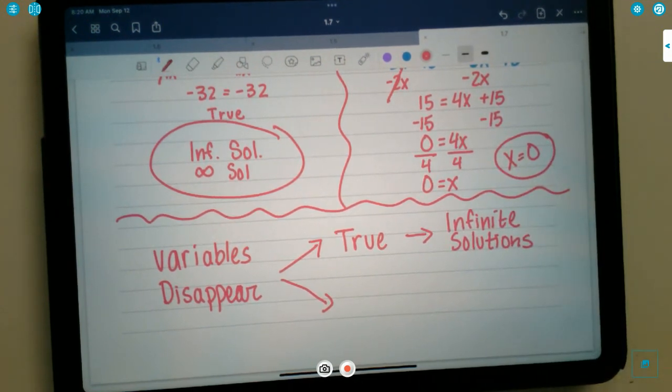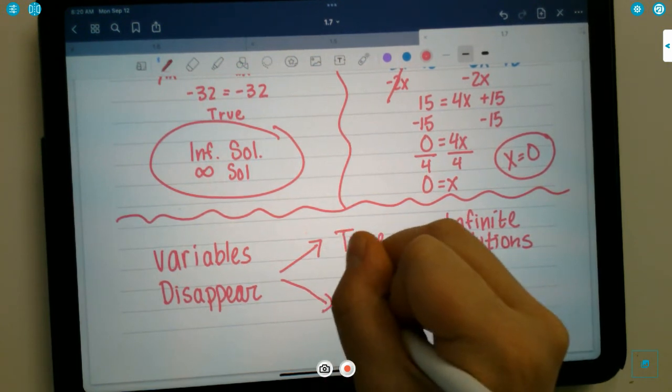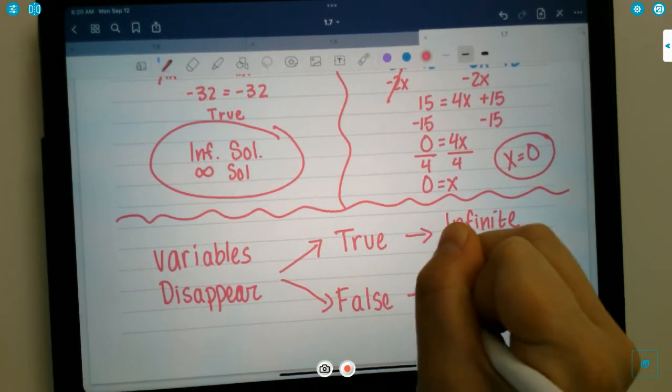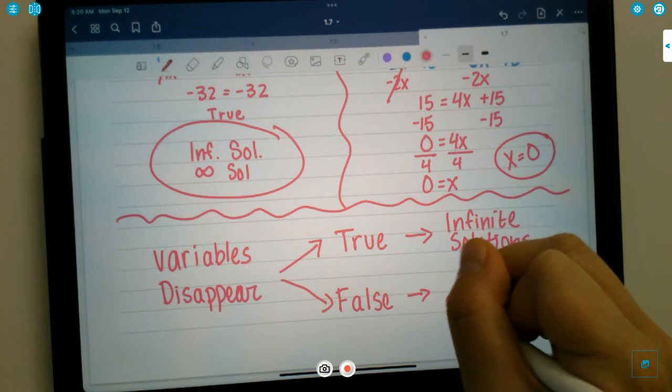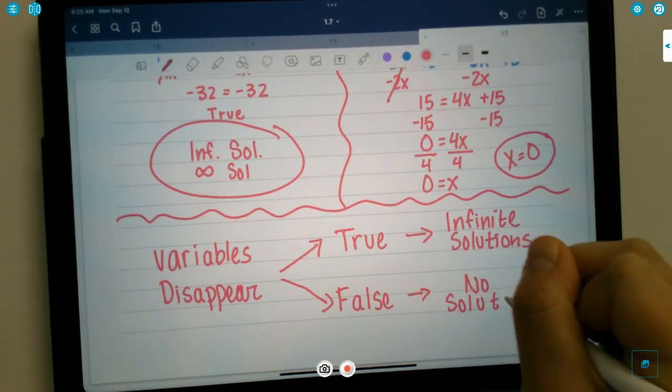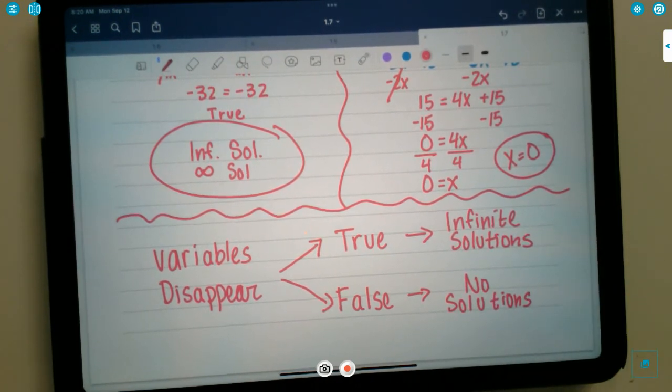And if the statement you're left with is false, that means you have no solutions. So that's the new part of today, is if your variables disappear, determining what happens.